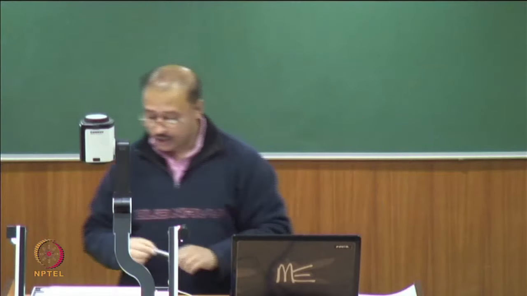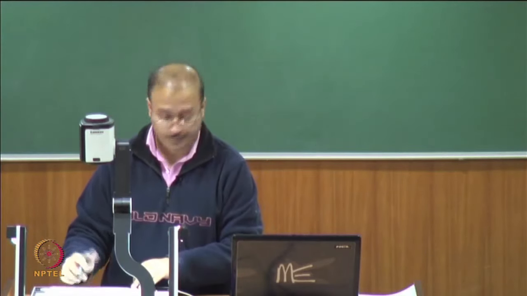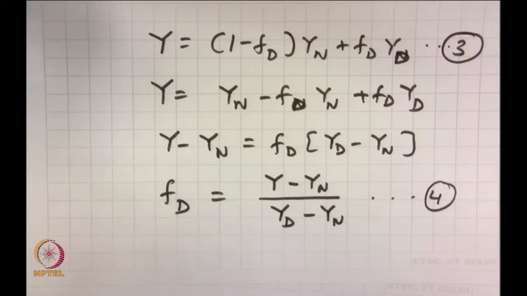Okay. So, if you look at the numerator, what does it give you? The numerator gives you y, that is y observed, you are doing the measurement; y n, remember that baseline thing, y n is equal to m n t plus b of n; and then you have y d minus y n. To understand it is very simple. F of d is the fraction denatured. So, what does y minus y n tell you?